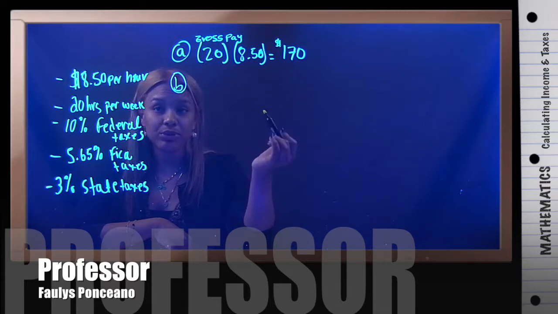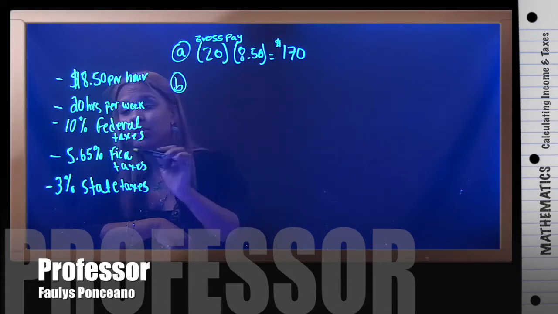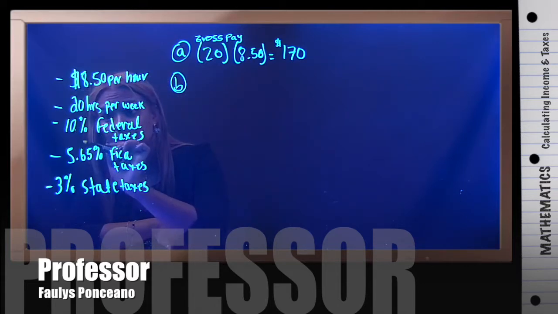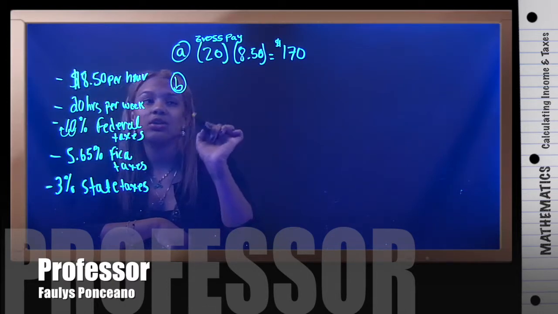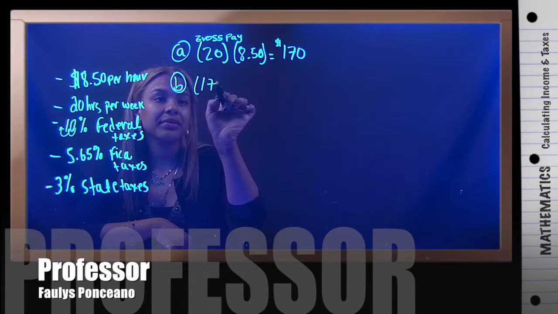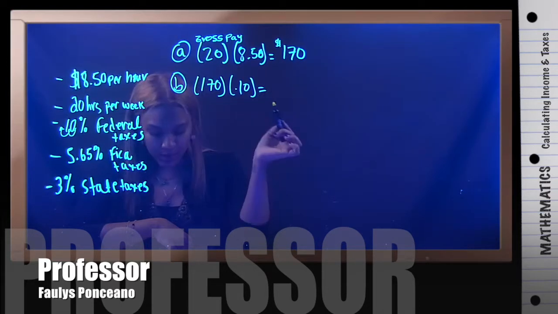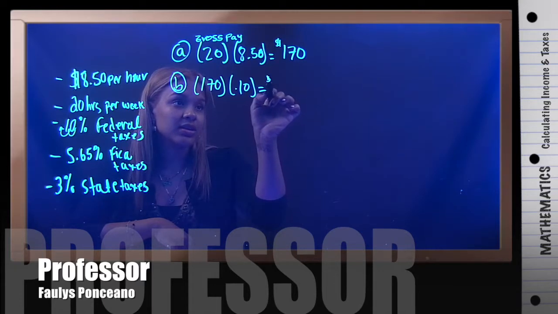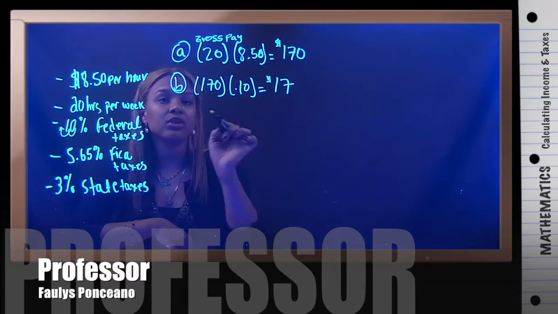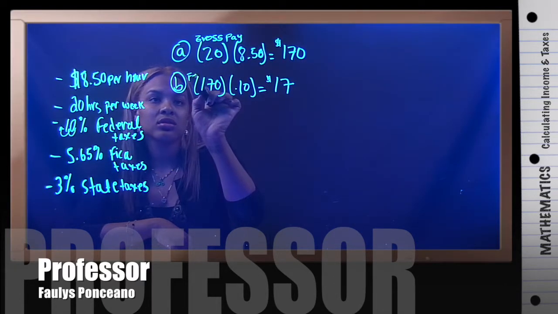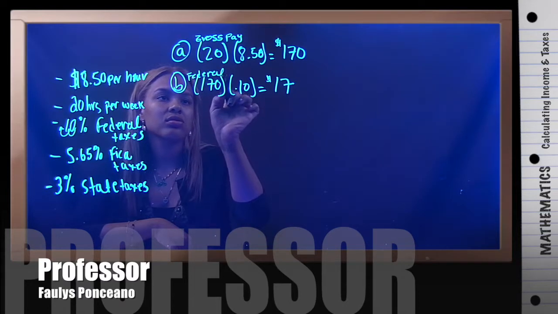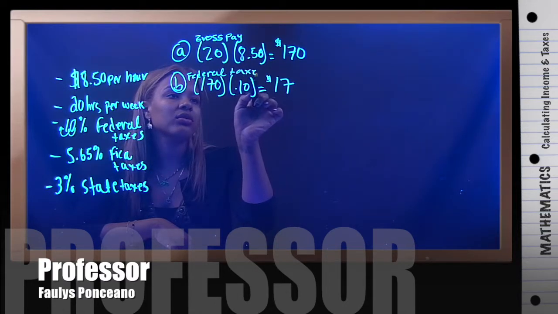You have to change that percent to a decimal. So once we move the decimal, it's always at the end if you don't see it, 2 times in. That gives you 0.10. So 170 that you get paid every week times 0.10. When you multiply that, you get 17. So they withheld in federal taxes $17 of your check.